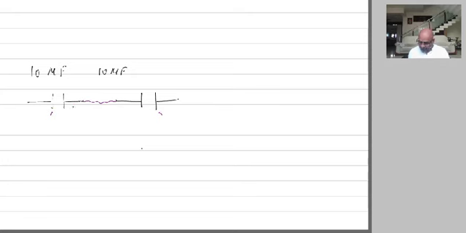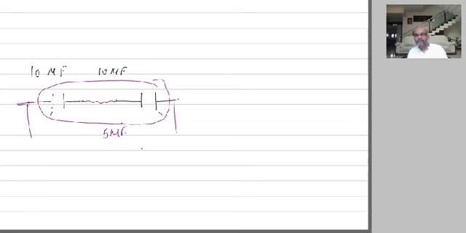So now this is one single capacitor. The effective capacity of these two capacitors, 10 and 10, gives you 5 microfarads. You will understand later how 10 and 10 in this combination becomes 5.